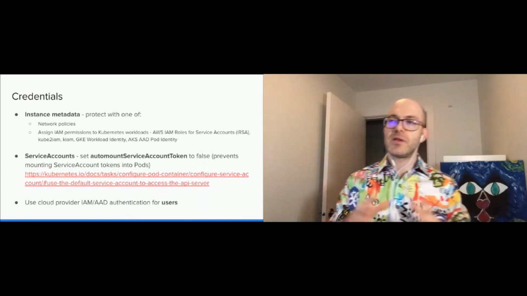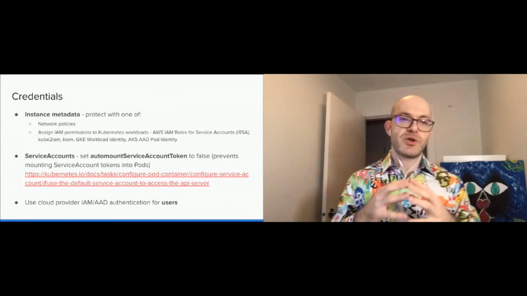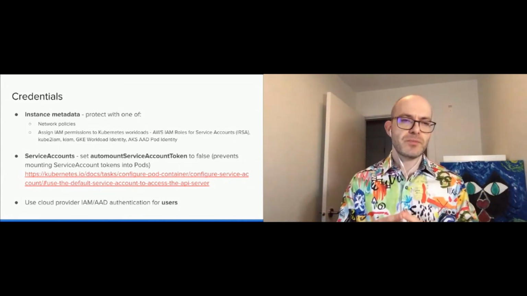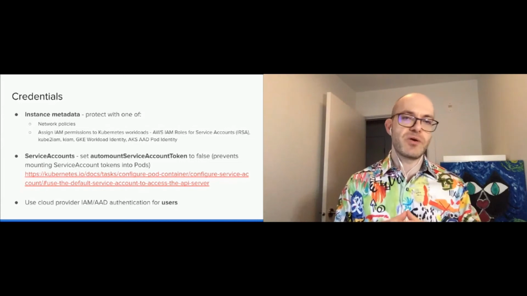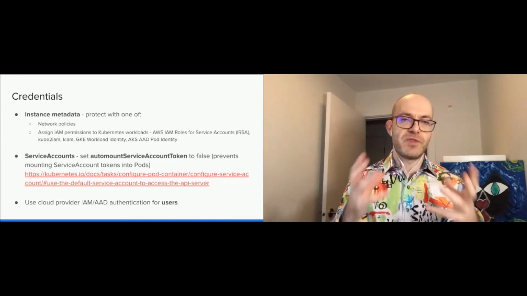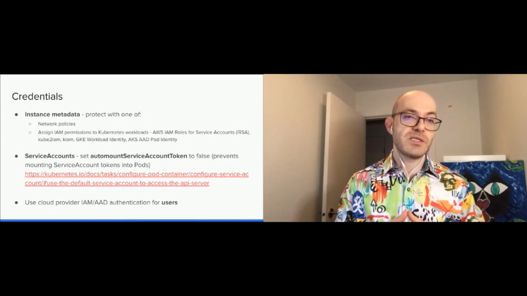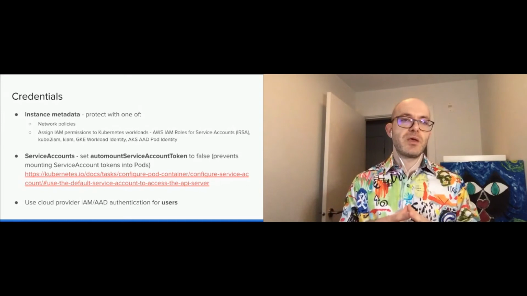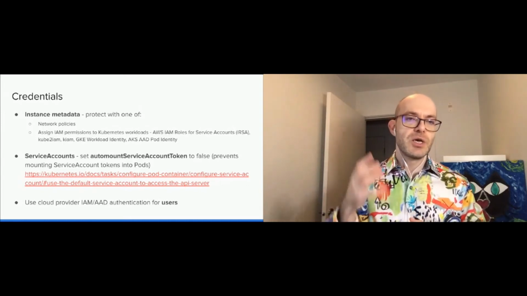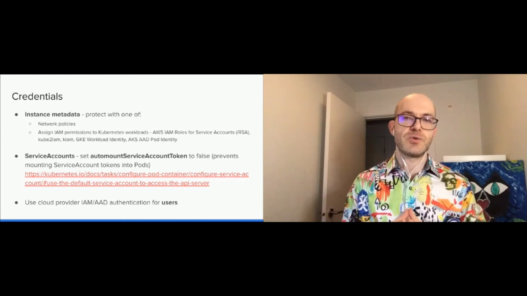The second part that relates to credentials is Kubernetes credentials. As I mentioned, that service account is mapped by default into every workload that runs as part of the cluster. That is controlled through a setting of the pod called auto-mount service account token. I highly recommend disabling it. The reason being, in the majority of cases, probably 99% of all the cases, your applications, your workloads do not need direct access to the Kubernetes cluster.